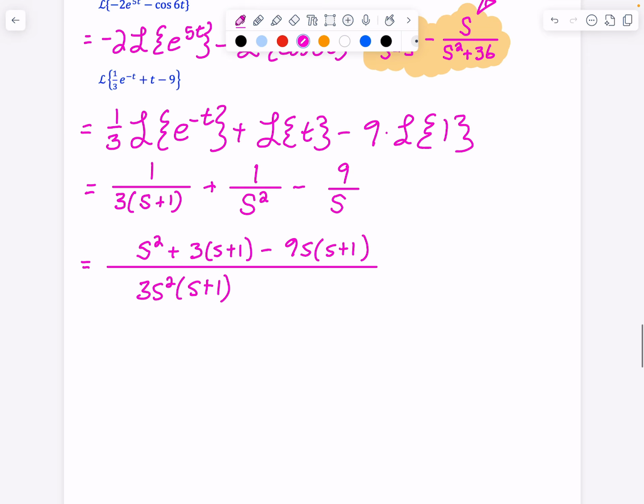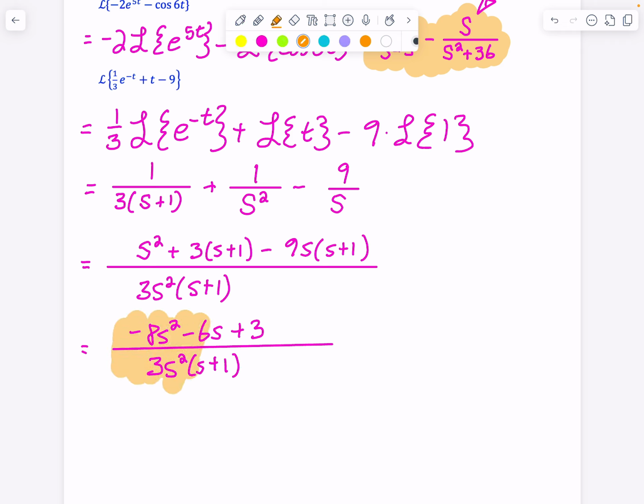So there's our common denominator. I don't think anything's really going to clean up. I'm going to get a minus 9s squared over here, so I'm going to get minus 8s squared. I'm going to get a 3s and a minus 9s, so that's a minus 6s. And then I'm just going to get a plus 3. Nothing got simpler for us, so we'll just leave it alone like that. We could have probably stopped 2 steps above.